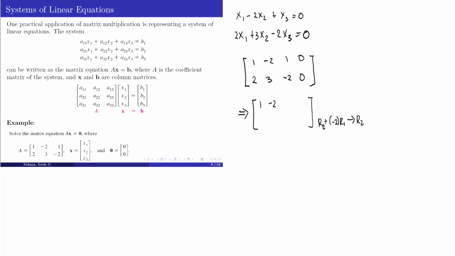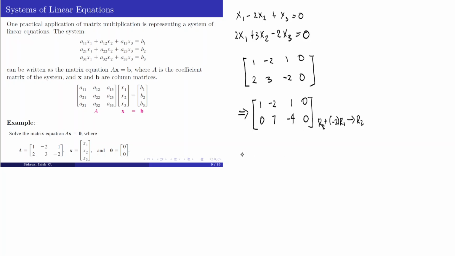So we copy row 1. Again, we multiply by -2 and then we add it here. So we will have 0. We multiply this by -2, so that's 4, so that's 7. Multiply by -2, so plus -2, so that's -4, and then we have 0 here.